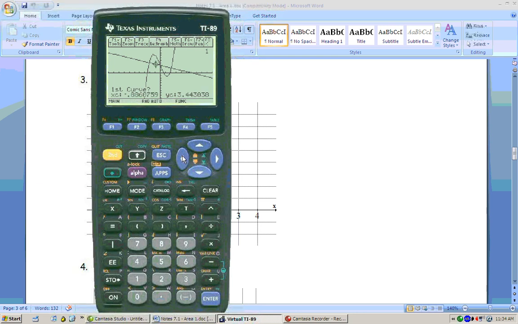Whatever curve you land on, just move to the left of that point of intersection and hit enter. This one's going to be easier because there are only 2 curves on this one, so there's no toggling between the different curves. All right, the second curve. Lower bound, I am to the left, so I'm going to hit enter, and then I need to right arrow until I'm to the right.